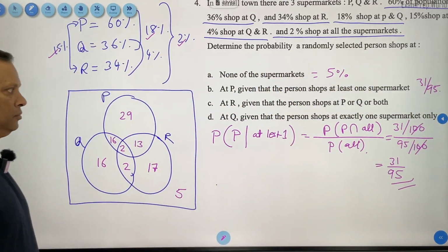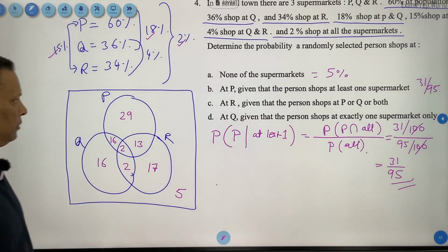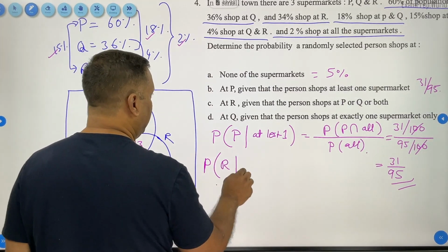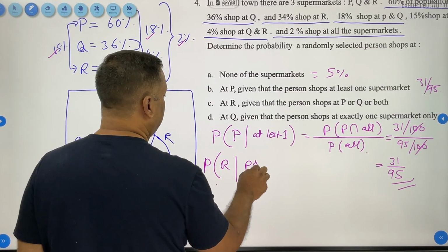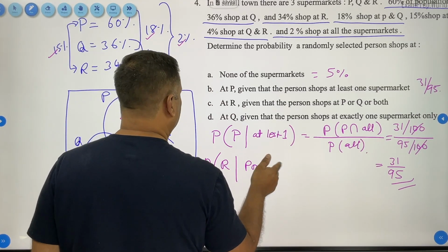Okay. Now, he shops at R, given he shops at P or Q or both.